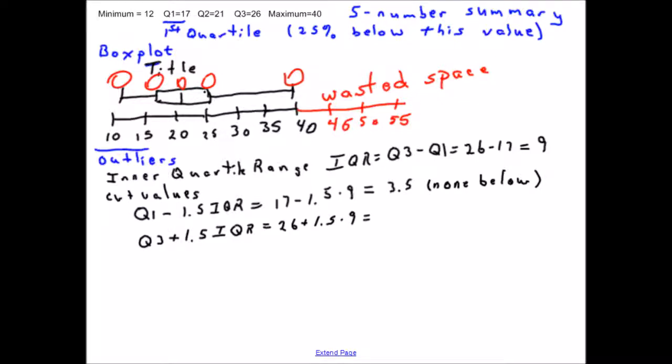That is a 39.5. 40 is greater than that. So there are outliers above.